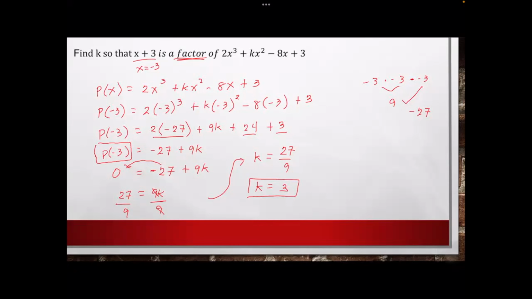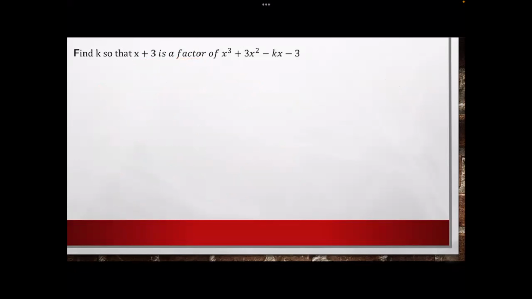Okay. Next, tayo muna yung mag-try. Find k so that x plus 3 is a factor of x cubed plus 3x squared minus kx minus 3. Find k. So, ang x natin ay is equal to negative 3. So, magkaroon tayo ng p of x is equal to x cubed plus 3x squared minus kx minus 3.